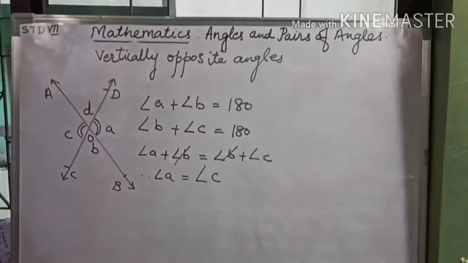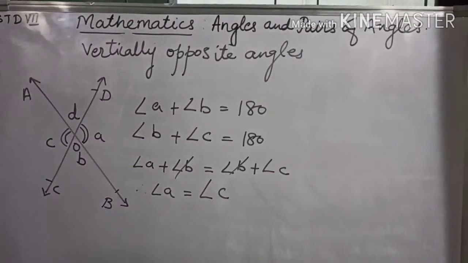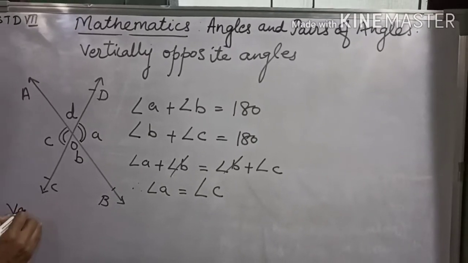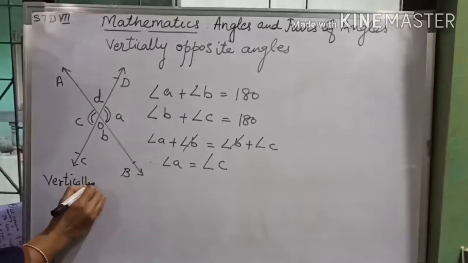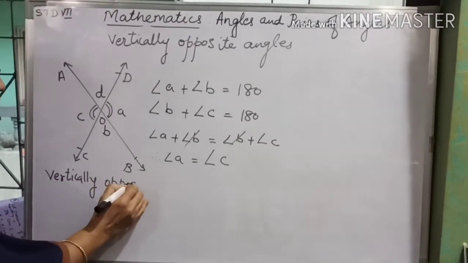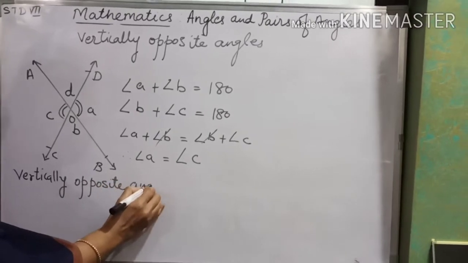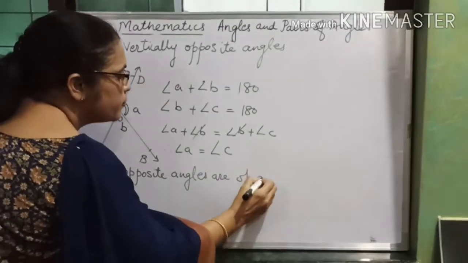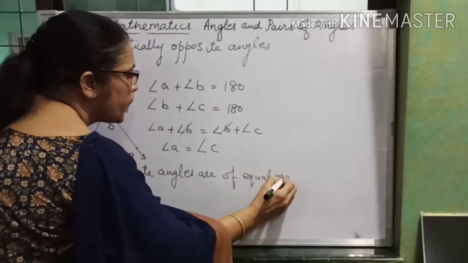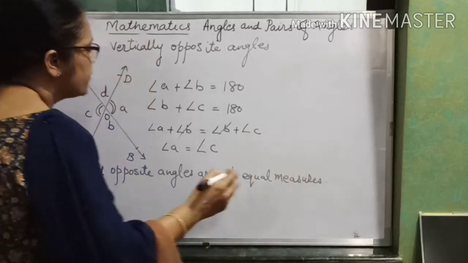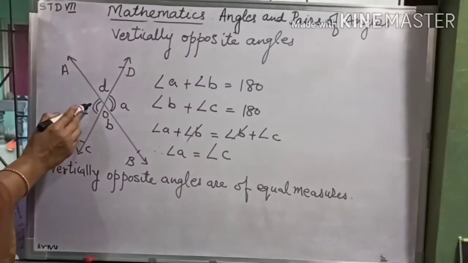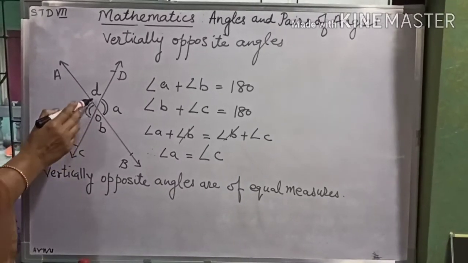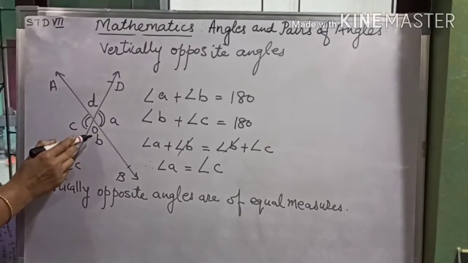So from this figure, we have learned the property that vertically opposite angles are of equal measures. Angle A and angle C, these two are vertically opposite, they are of equal measure. Similarly, angle D and angle B, they are vertically opposite, their measures are equal.